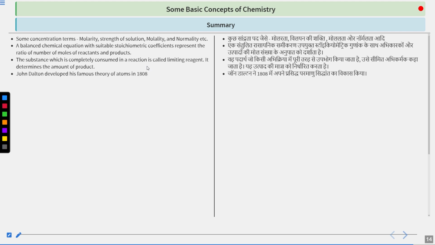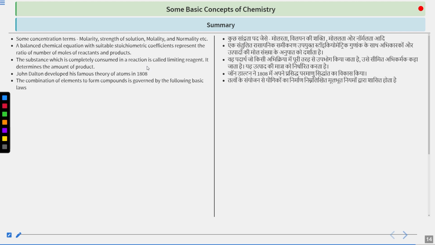Then we studied Dalton's atomic theory, that atoms are indestructible. They cannot be divided further. They have no subparticles, and atoms of the same element have the same properties, whether physical or chemical. And whenever a reaction is done, these atoms rearrange to give the compound.